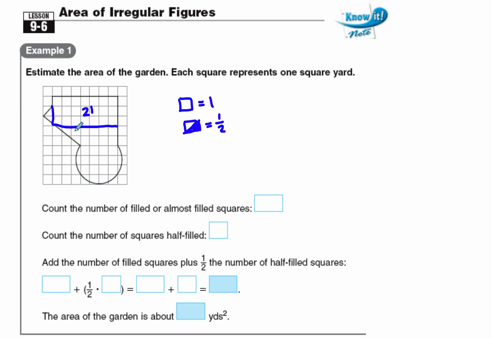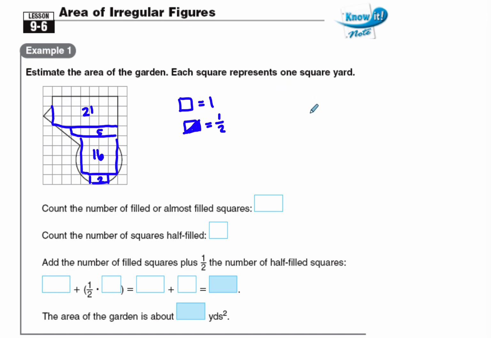And then let's see, I have another 5 here. And then I have another 16. And these 2.